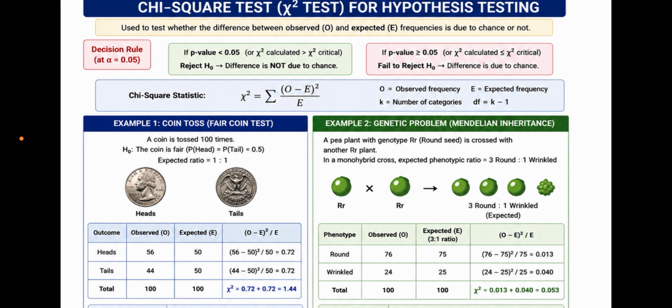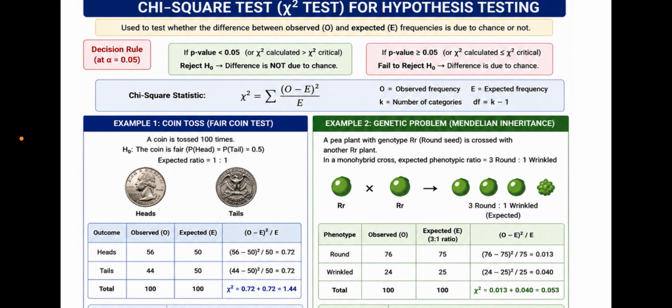Suppose we have data where 76 plants are tall and 24 are dwarf, so we have categorical data with expected and observed frequencies that are not the same. The expected value is 75 and the observed value is 76, and the expected value is 25 and the observed value is 24. So we see whether there is a difference.